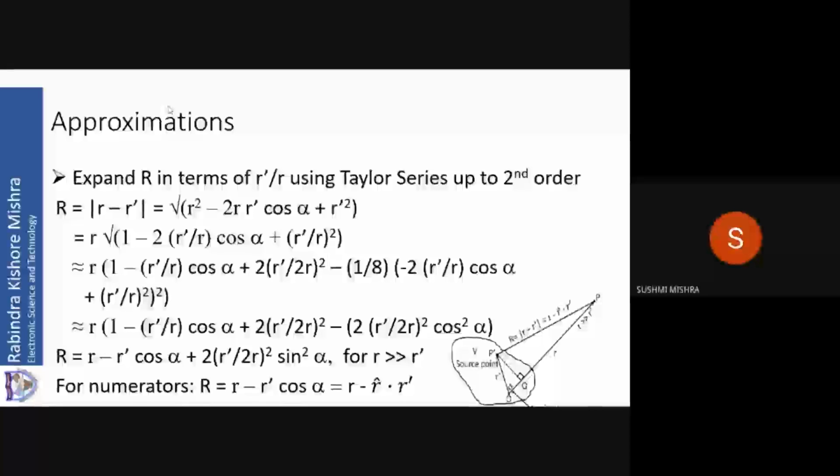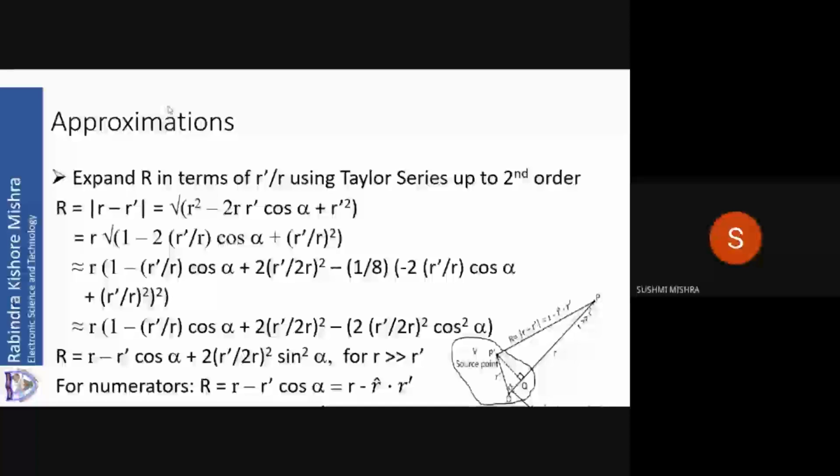Now when we use this R value, capital R value, in our expressions for field calculation or potential calculation, in all those cases we will have a numerator and we will have a denominator. The numerator will have an exponent component, denominator will have normal R component. So for the numerator, we will consider capital R as little r minus little r dash cos alpha, which is equal to little r minus little r cap dot r dash.